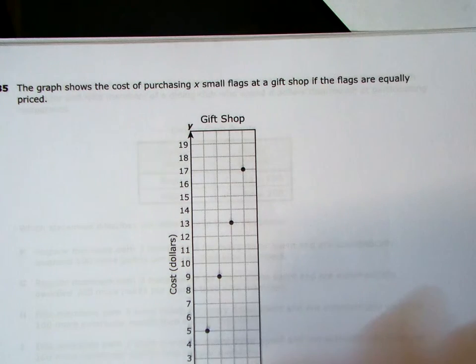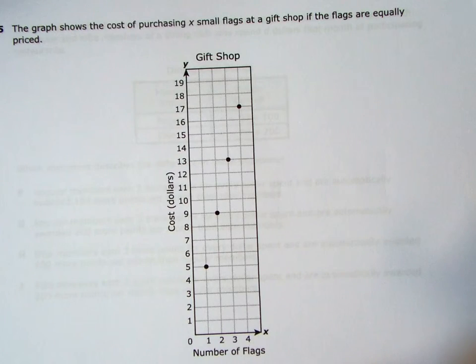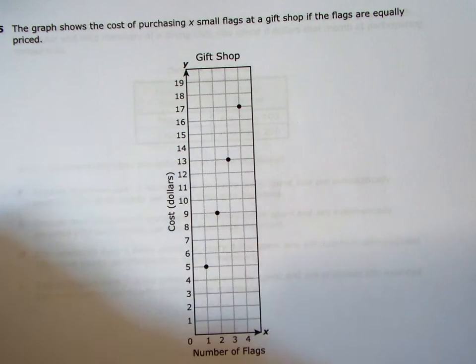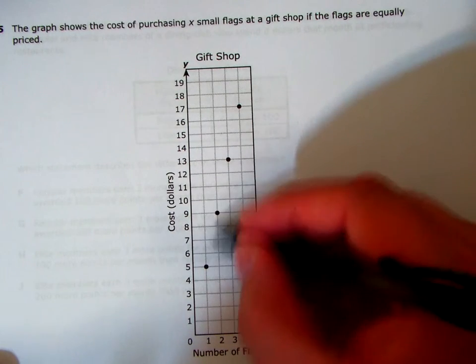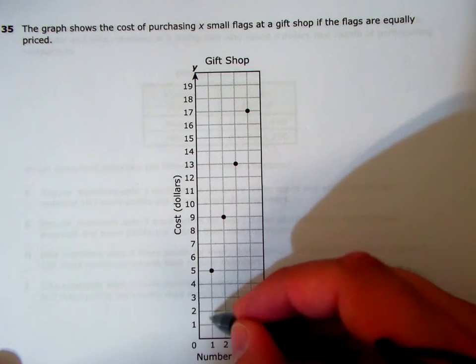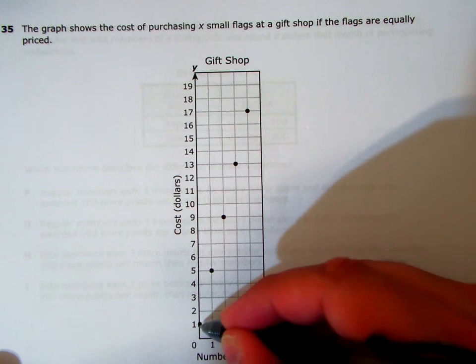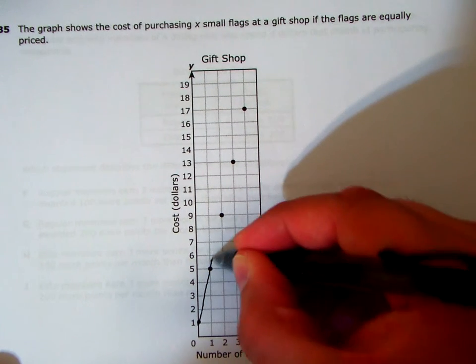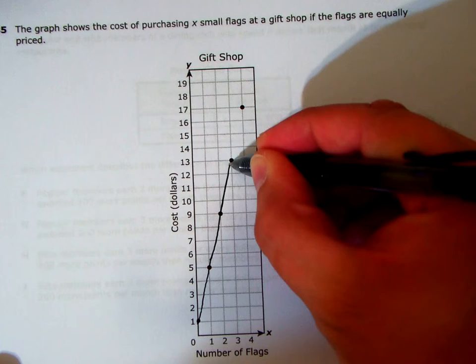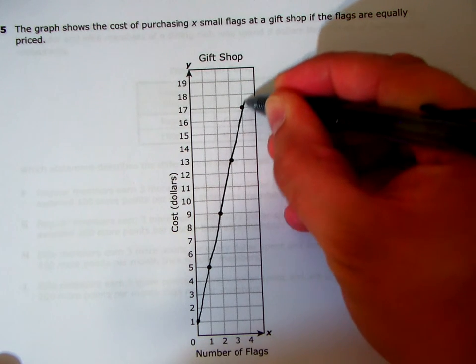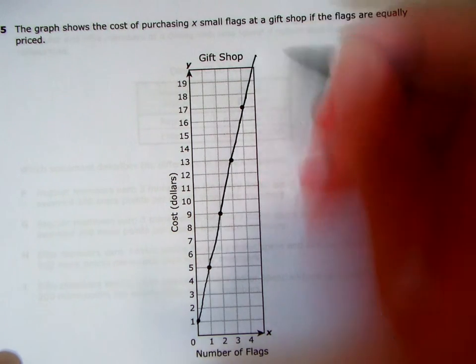Here we have, so I see it kind of looks like an up 4 over, so I'm going to draw a straight line. Something like this, right?